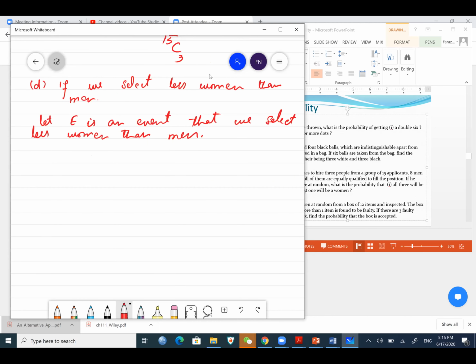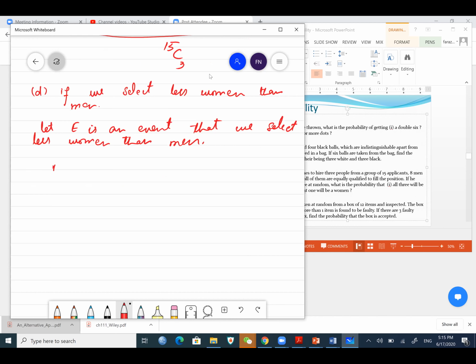In that case, N of E, fewer women. It means that if we select 0 women, we will select 3 men. Men are more than women. The second option could be if we select 1 woman, we will select 2 men. We don't have any other option because we want men to be more than women. Understand?